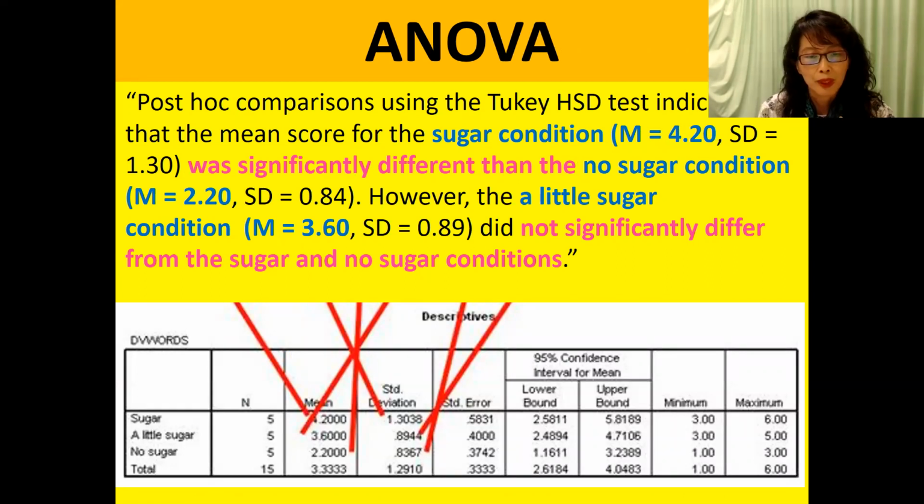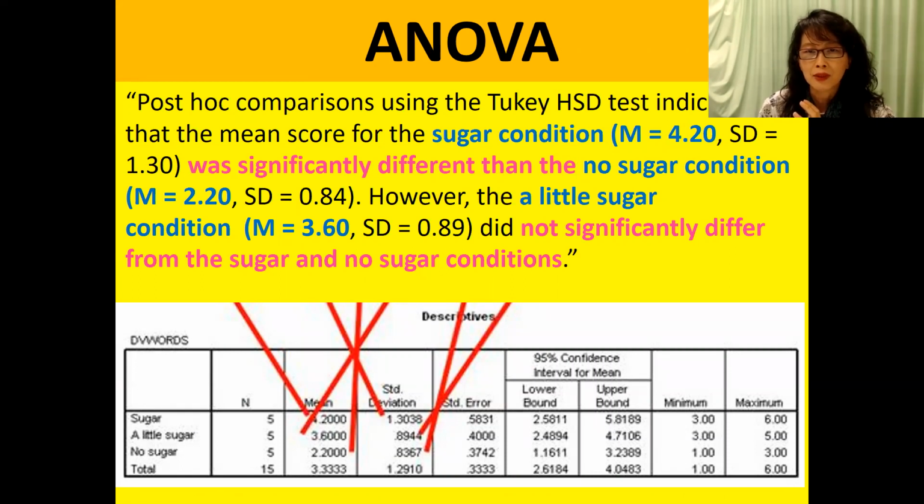Okay, by this we look at the mean score. All right, you look at the mean score in the table below. Sugar 4.2, a little sugar 3.6, no sugar 2.2. So when the Tukey test was run, the results are given here.